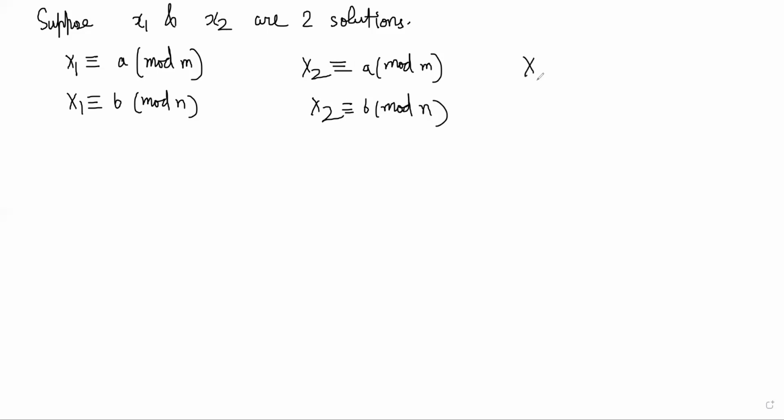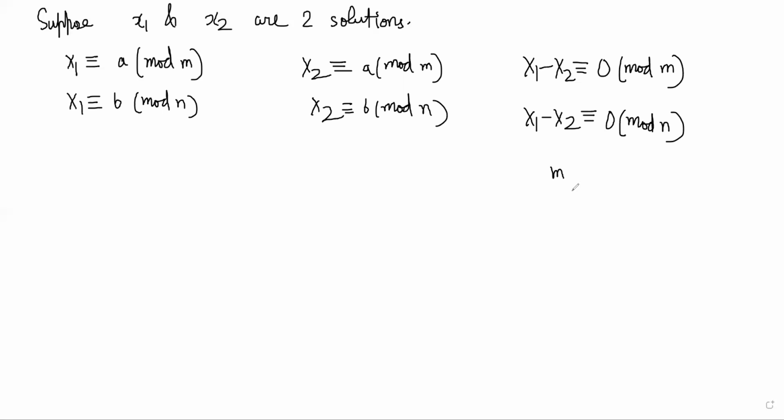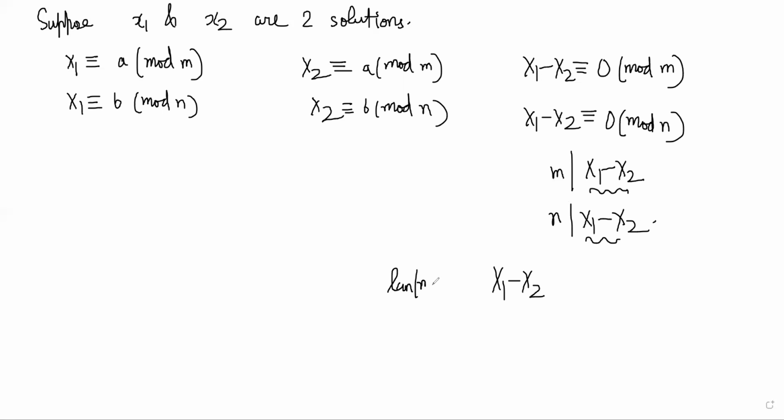We can say that x1 minus x2 is congruent to 0 mod m, and x1 minus x2 is congruent to 0 mod n, right? So m and n are both dividing x1 minus x2. So x1 minus x2 will definitely be a multiple, so the LCM of m and n will also divide this, right?